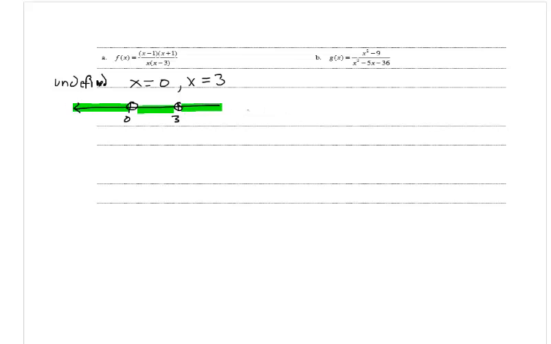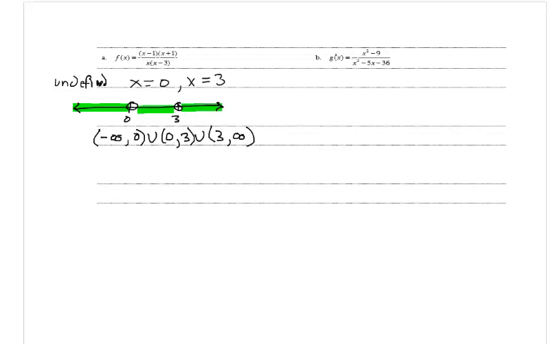I'm going to put some arrows to show that it goes to negative infinity and infinity. And then if we want to represent this in interval notation, we're going to have negative infinity to 0, union 0 to 3, union 3 to infinity.